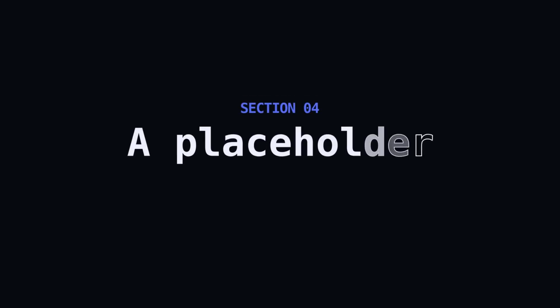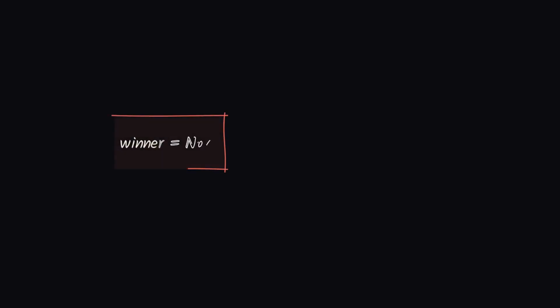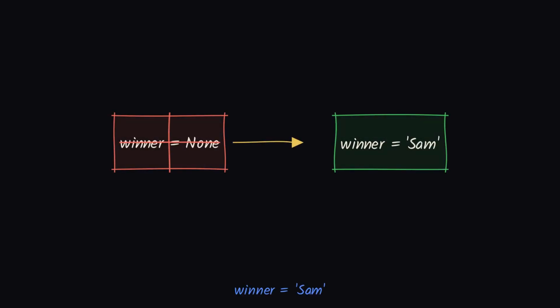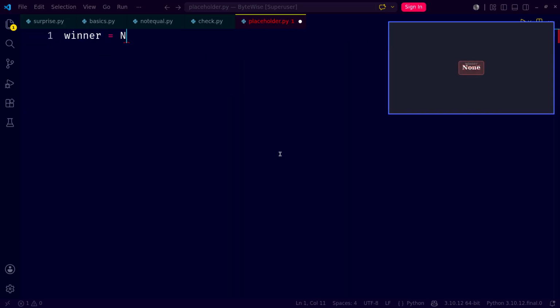You'll also reach for None on purpose. A common pattern is to start a variable at None, meaning we don't know yet, then replace it once you do. None is the honest starting point. It says this slot is intentionally empty, not 0, not a guess. Watch None act as a clean placeholder.